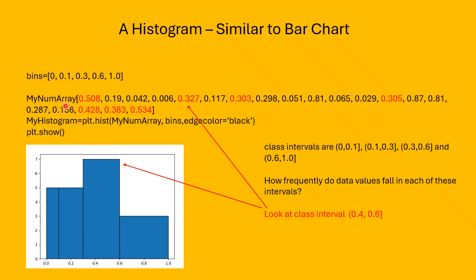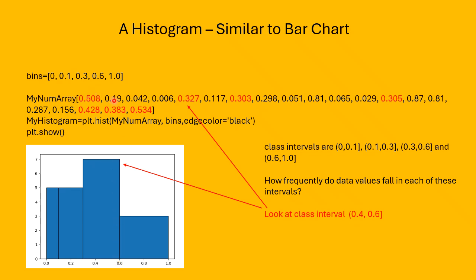So now let's create my num array. My num array is going to equal, and then we have a whole bunch of numbers in here. And let's see how many of those numbers fall between 0.3 and 0.6. Actually, the interval that we're looking at here does not contain this endpoint, 0.3, but it does contain this upper endpoint, 0.6.